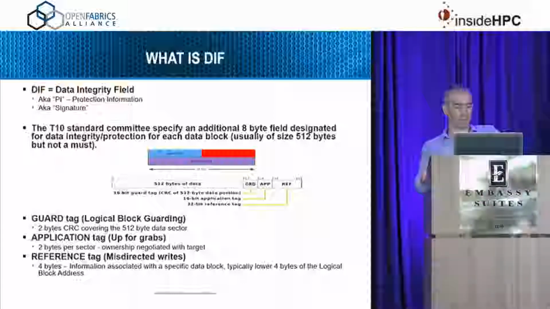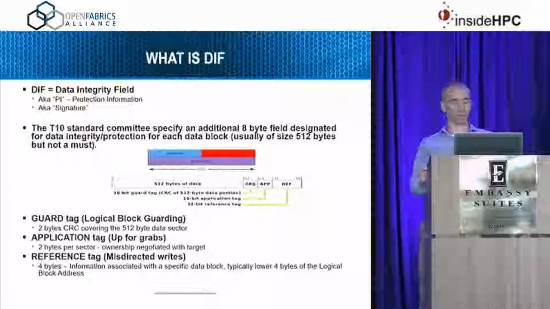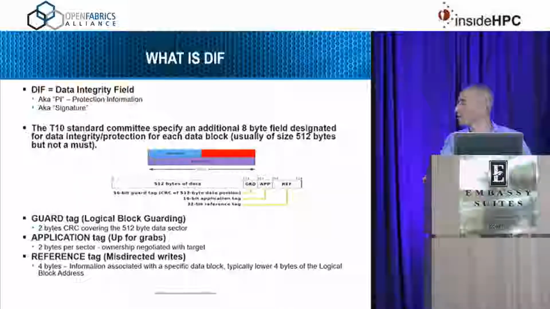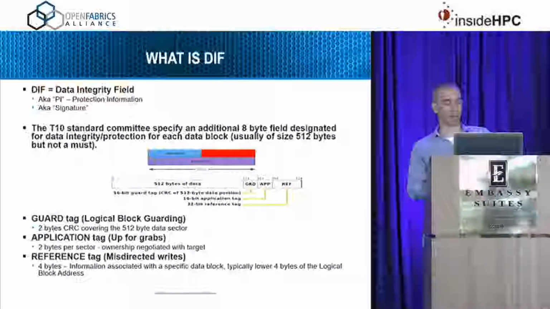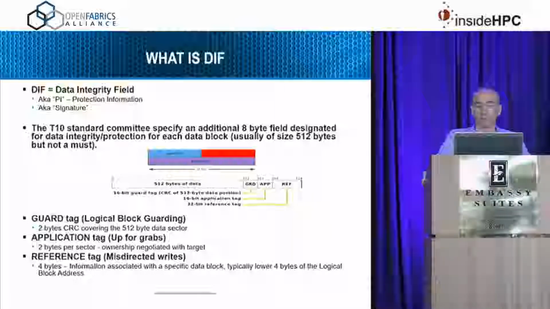These are the 2 bytes of the signature block. There are an extra 2 bytes for application tags, so any user can push their own tags there. And there are an extra 4 bytes used to identify the block itself. It is taken from the 4 last bytes of the logical block address of the block.